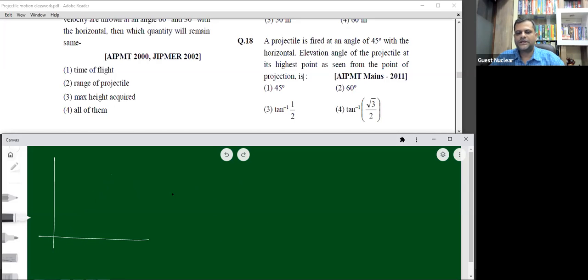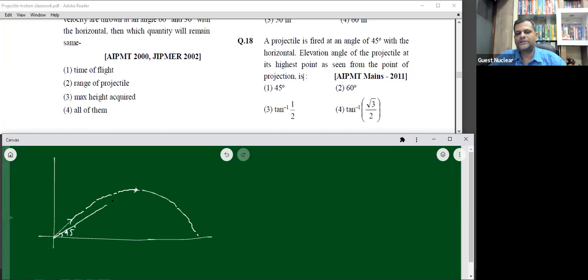If suppose the projectile is fired from this point here at an angle of 45 degree with the horizontal. तो अब यहाँ पे जब वो हाईएस्ट पॉइंट पे जाएगा, सपोज ये हाईएस्ट पॉइंट हो गया उसका. ओके, तो उस पॉइंट का एंगल ऑफ एलिवेशन कितना होगा? एंगल ऑफ एलिवेशन मतलब इस पॉइंट को इस पॉइंट के साथ अगर ज्वाइन करेंगे तो ये एंगल हमको निकाल के दिखाना है. This is suppose alpha which we want to find out.